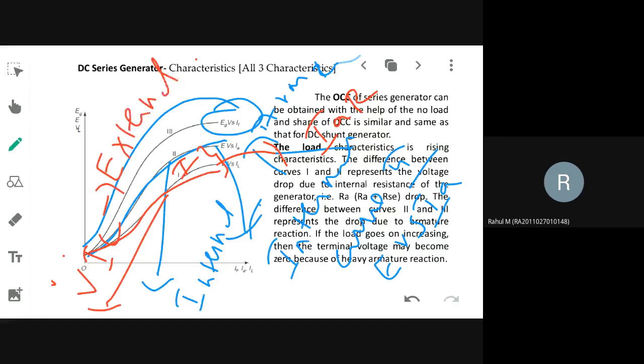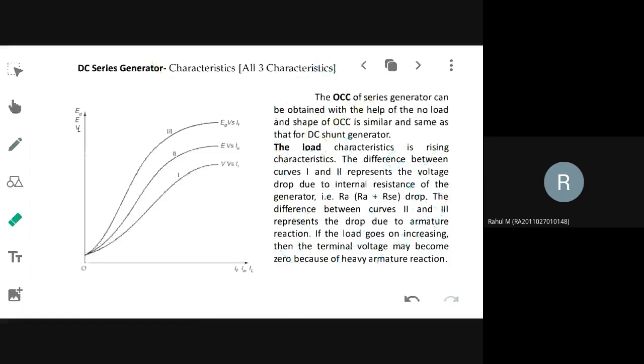And all the characteristics, as you can see, are rising characteristics or what nature? All are representing what characteristics? If you can see, this is rising, this is also rising, this is also rising. So all the characteristics are called rising characteristics.